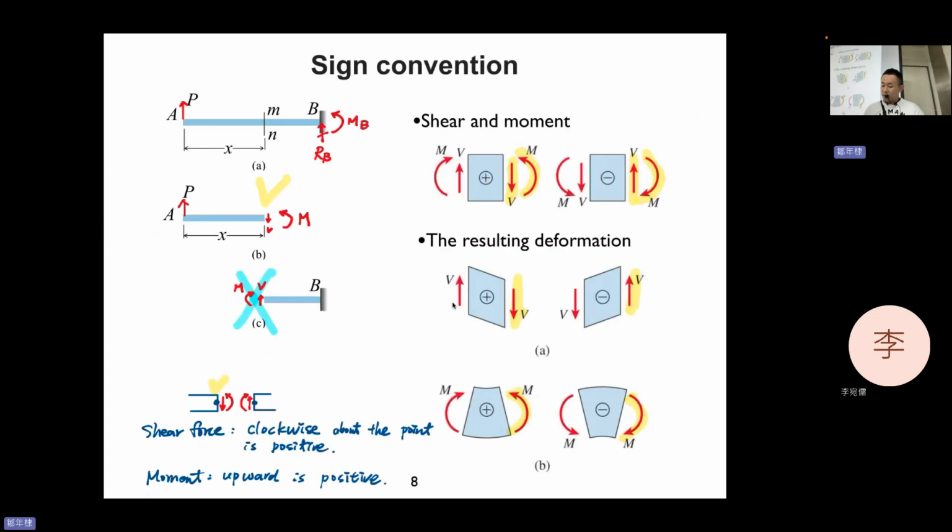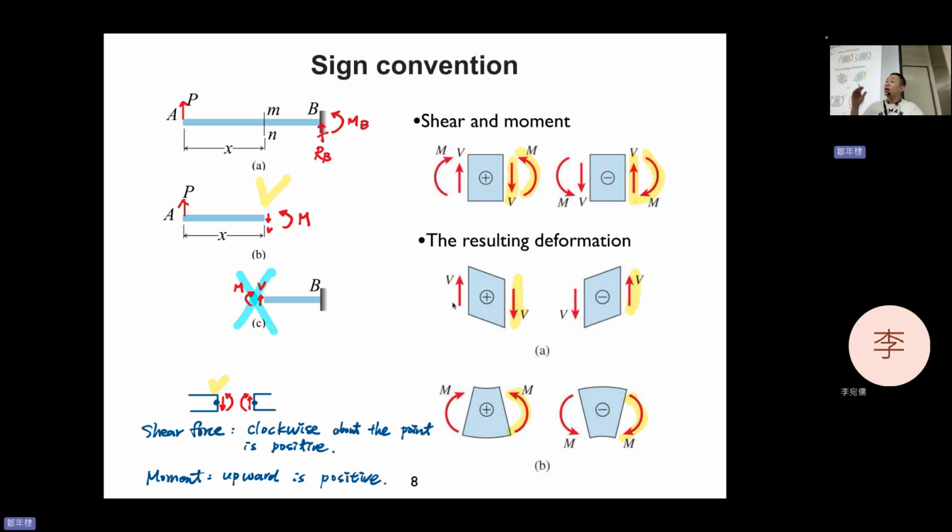This is a really big thing for you: the convention in our course. When we cut the material and look at the internal forces like shear and moment in that particular section, in this course we keep the left-hand side and add the forces we derive on the right surface. So we choose here, not here.